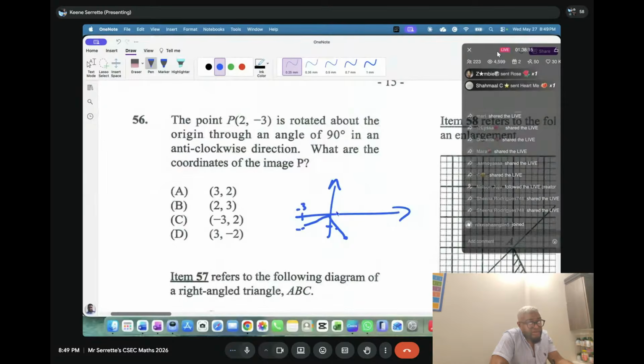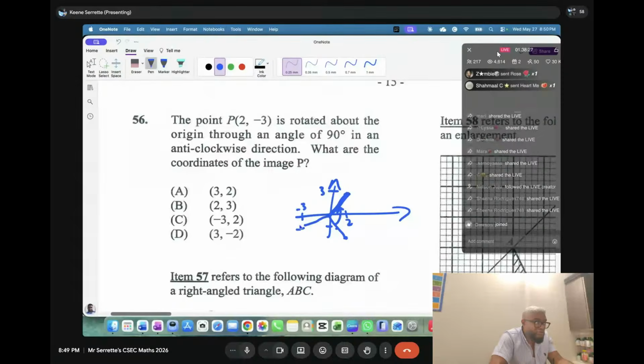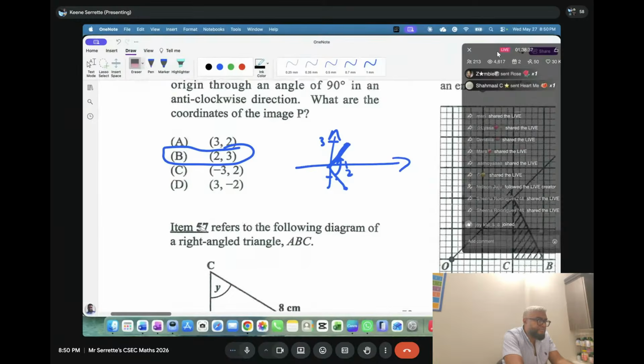Oh, this is clockwise, correct. So anti-clockwise will be up here. You're coming this way, so it'll be (2, +3). The answer would be B, not this one. That was clockwise I was going.